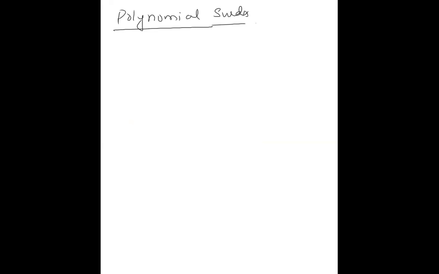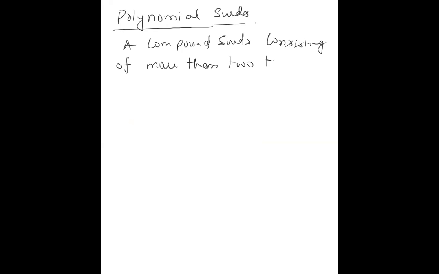A compound surd consisting of more than two terms is said to be polynomial surds.